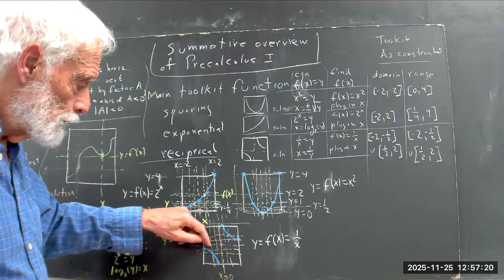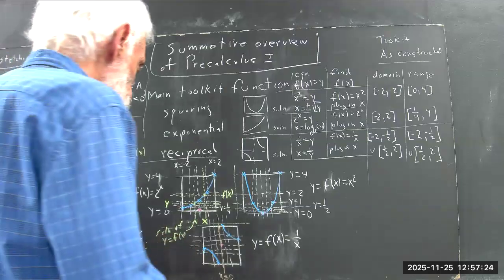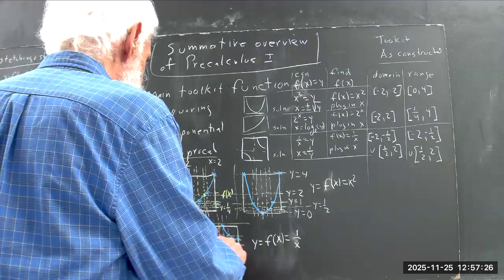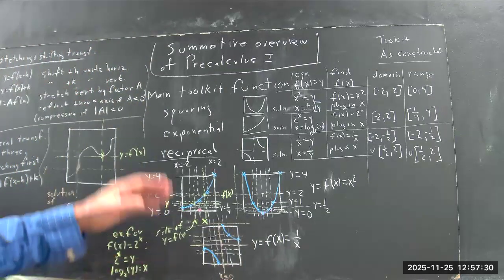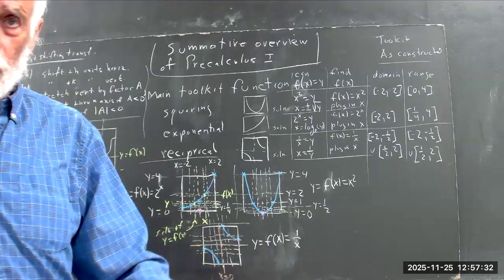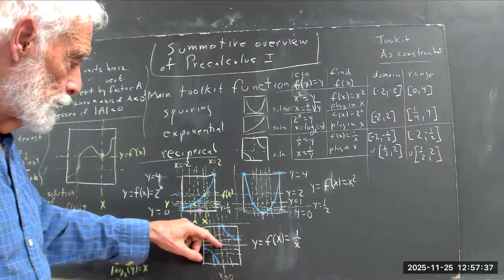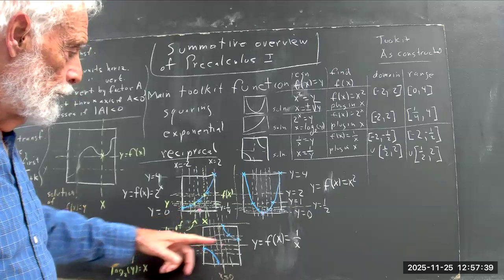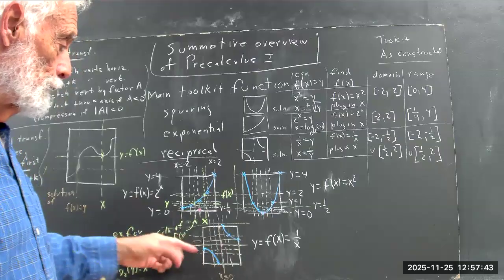Every time we go twice as close to the middle, we go twice as far from the horizontal center line, the line where y equals 0, or the x-axis for our basic toolkit function. So we go twice as close to the vertical center, we go twice as far from the horizontal center.